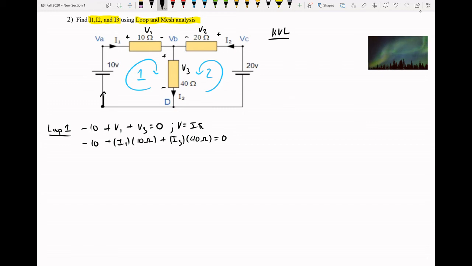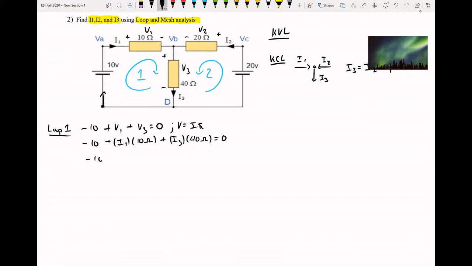All right. If we go write our KCL law out, we'll notice that we said I1 and I2 are going to make up I3. So we can say I3 is equal to I2 plus I1. So let's go ahead and replace that.